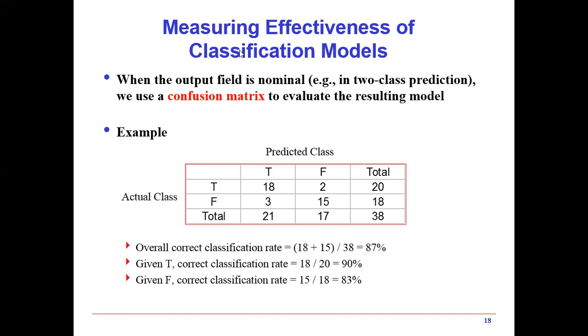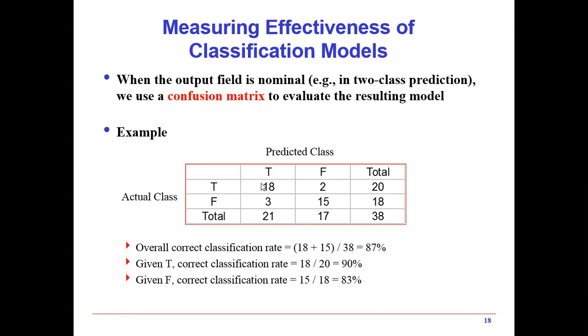To measure the effectiveness of a classification model, we also generate a confusion matrix. A confusion matrix has the actual classes and the predicted classes, like T for the true class and F for the false class, and there is a total as well.